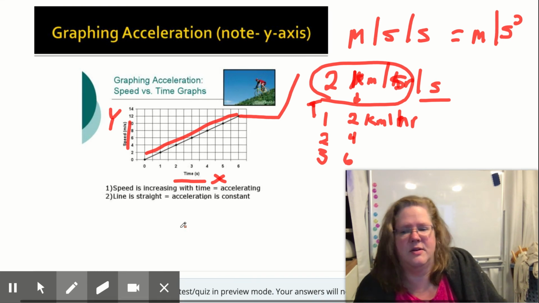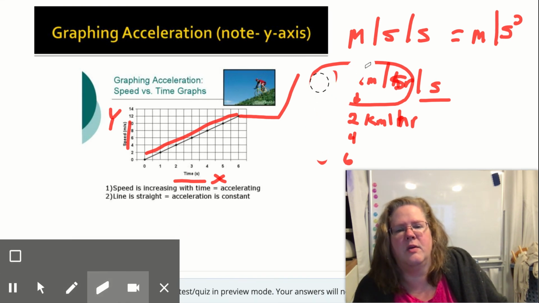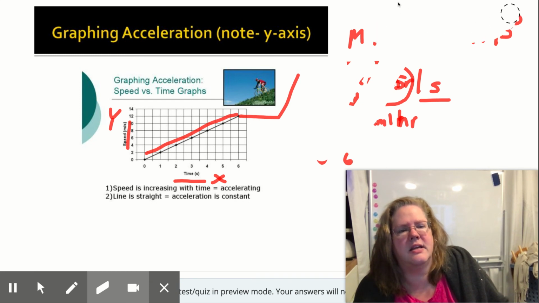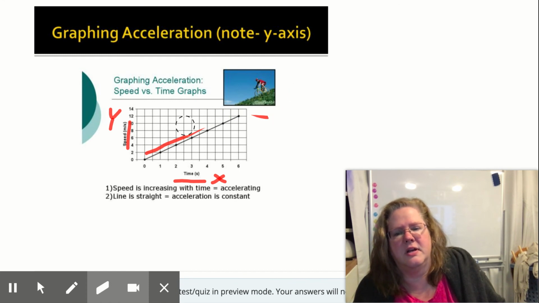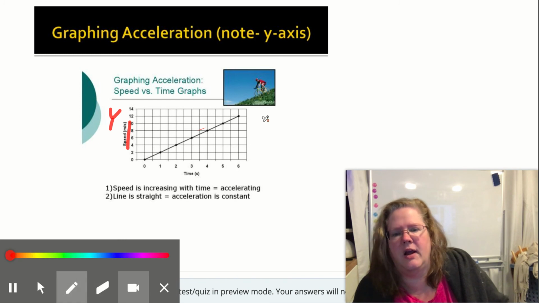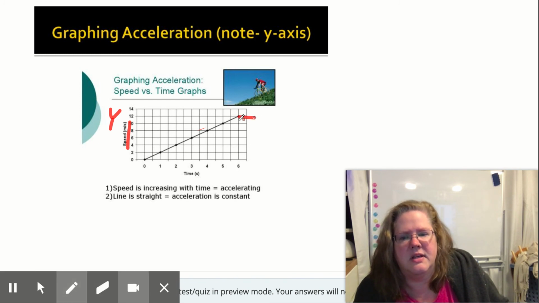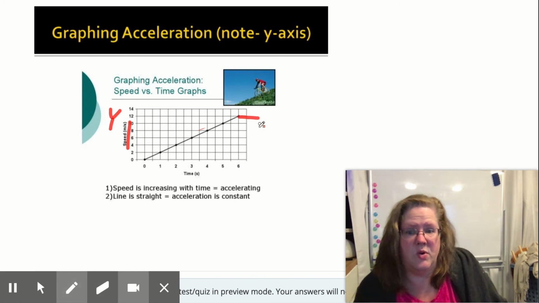And get this, if I get rid of this, let's take a quick look, and we're going to do one more thing with this graph, and I want to make it just a little bit different. So let's clean that up pretty for us. All right, so I just told you that this would be constant speed, no acceleration.